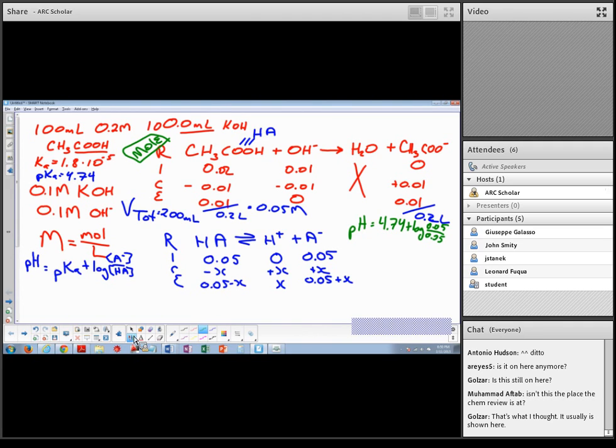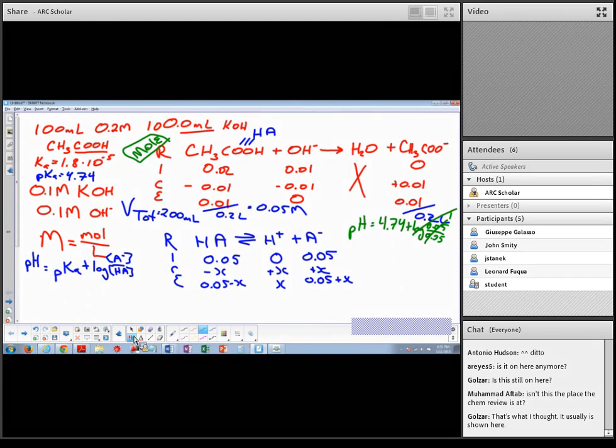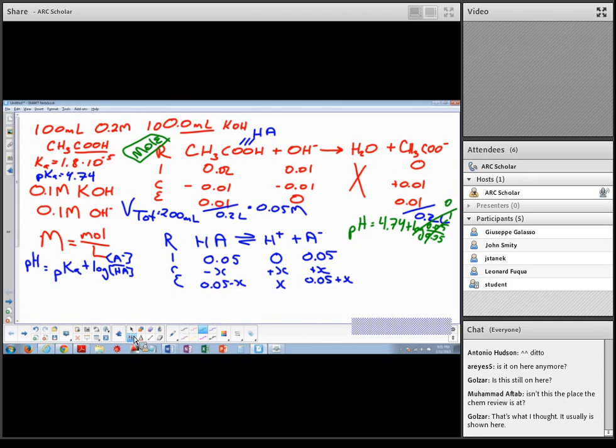So our ratio is 1. What's the log of 1? 0. So in this case, pH is equal to pKa, 4.74. This is an important part. Did you guys in lab do the experiment where you had to calculate the Ka of a weak acid?